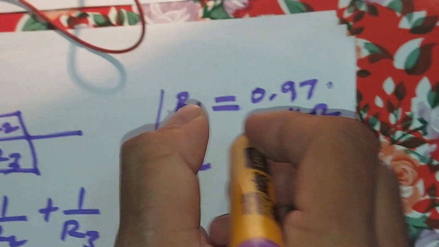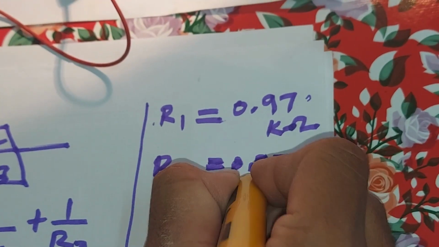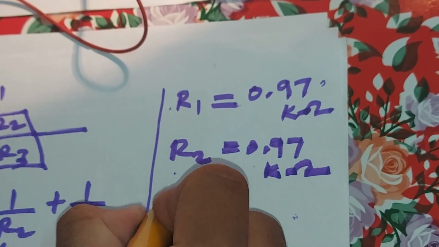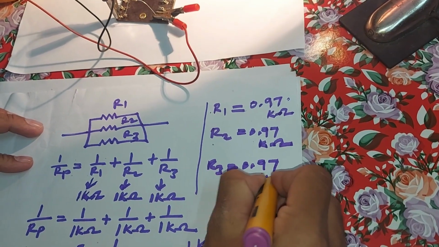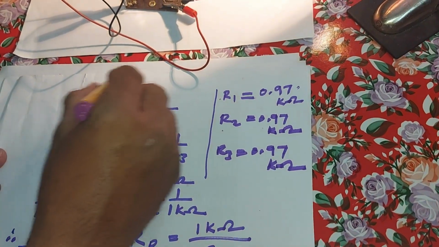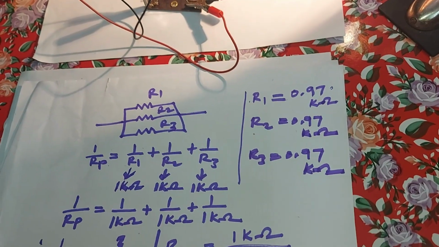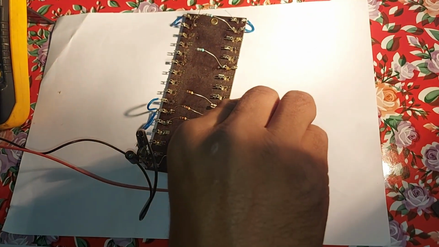Now similarly R2 and R3 are of the same value. So R2 is also 0.97 kilo ohm and R3 is also 0.97 kilo ohm, approximately I am saying. Now if we connect them in parallel like this, what will be the equivalent resistance in the experimental part, we will see.